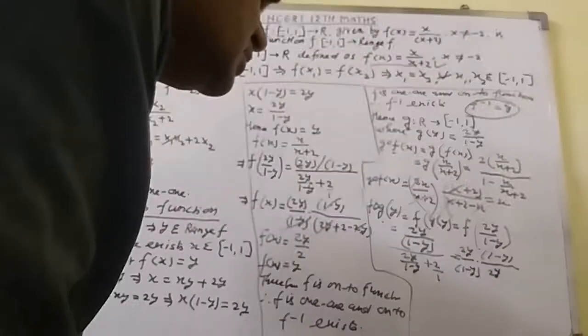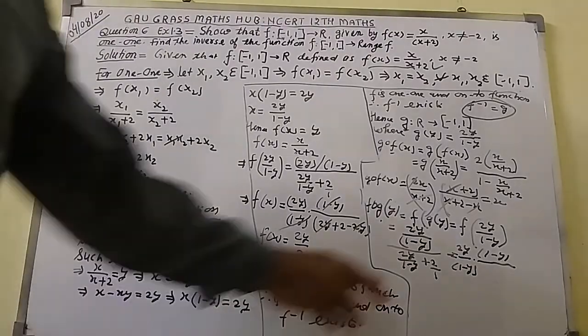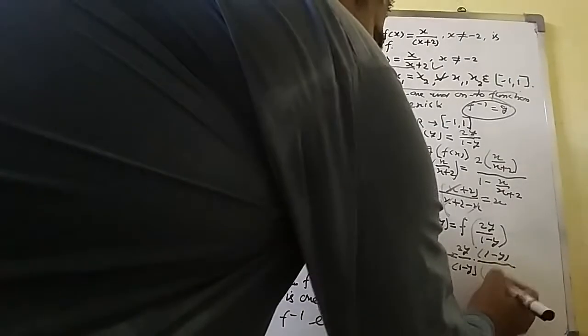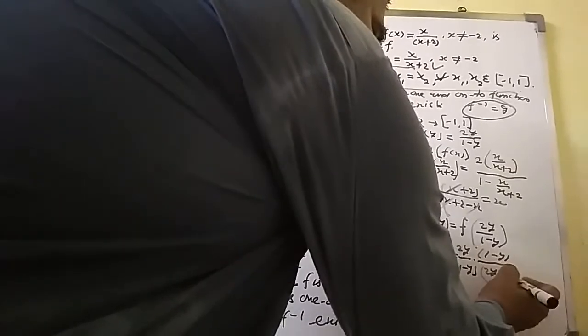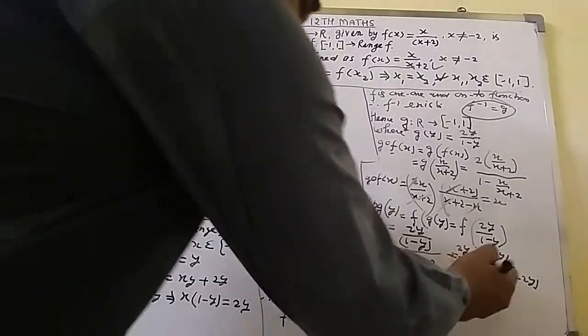So you can see this will become 2y, and this will go upward. So here you can write in bracket 2y plus 2 minus 2y. This one will cancel out, and again this one will cancel out, equal to y.